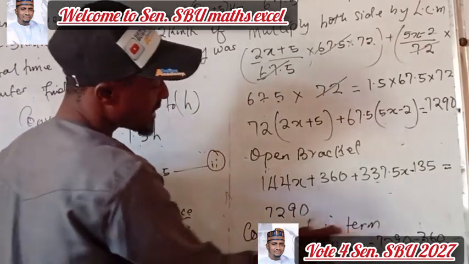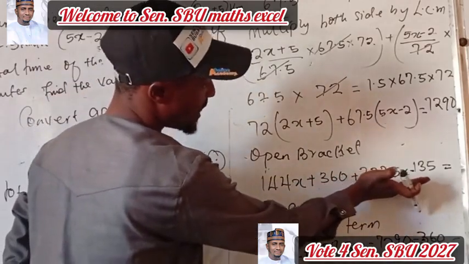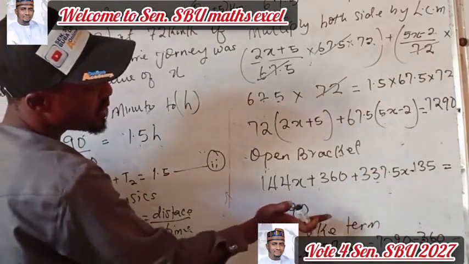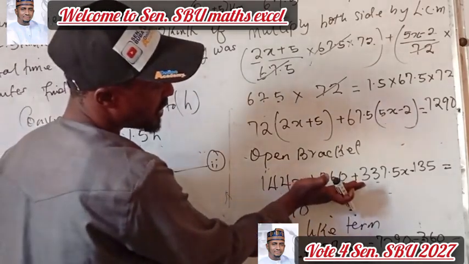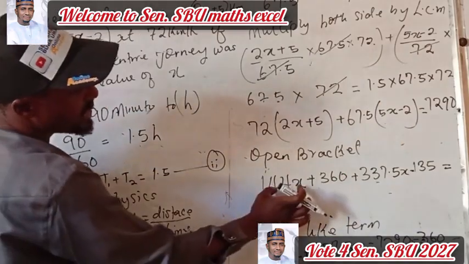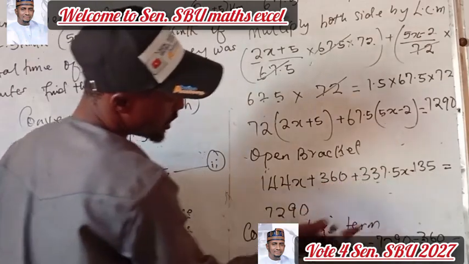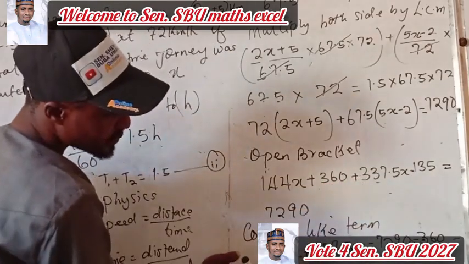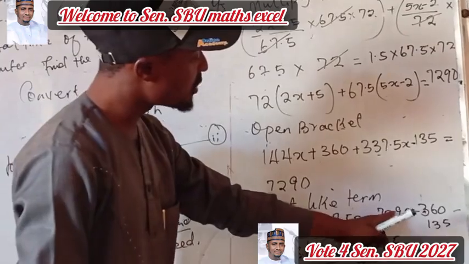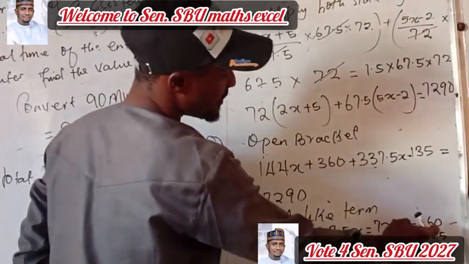Collect like terms. We have terms in x and another term in x here. We have 7,290 as a term without x, and then 135, another term without x. The terms with x: 144x plus 337.5x. We sum everything here. We have 7,290 as positive. 360 comes here, it becomes negative 360.